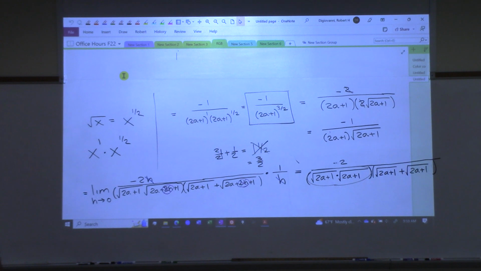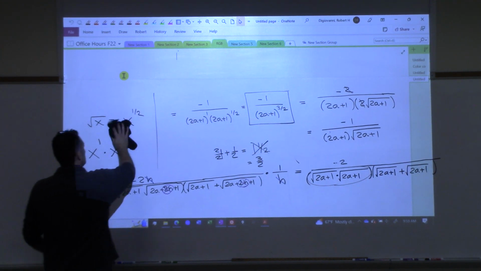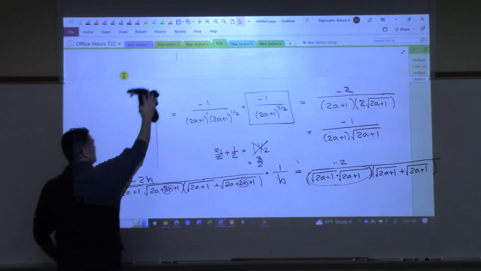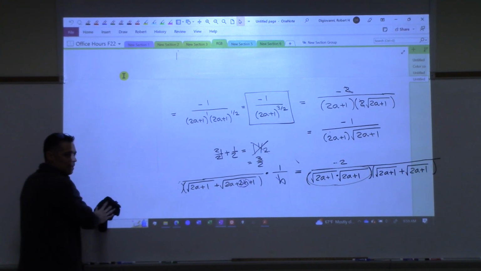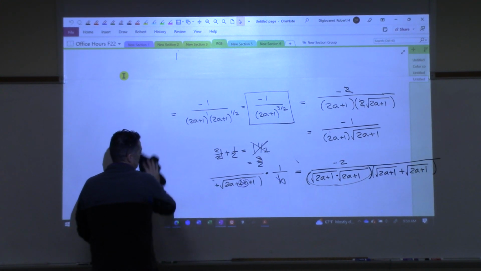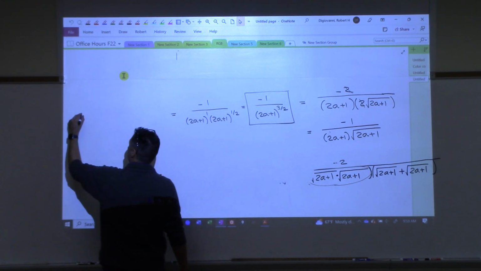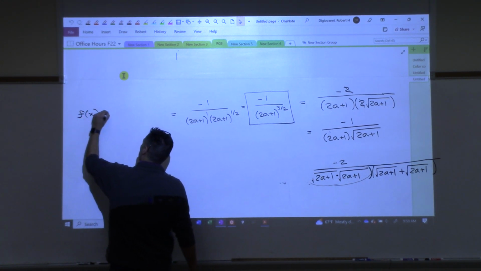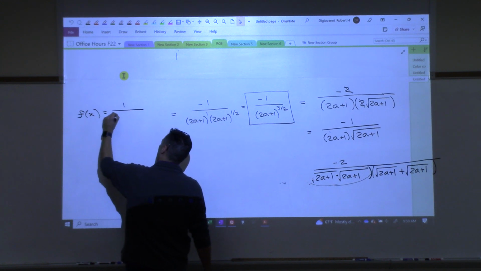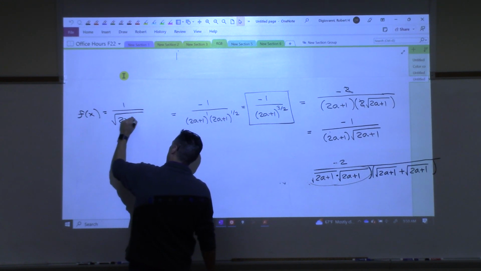All right, let's see this thing in action. We invested quite a bit of time into that, right? Let's see if we can see that it paid off. Our work has paid off for us. So we had this function, f of x. It was 1 over the square root of 2x plus 1. That was the function.